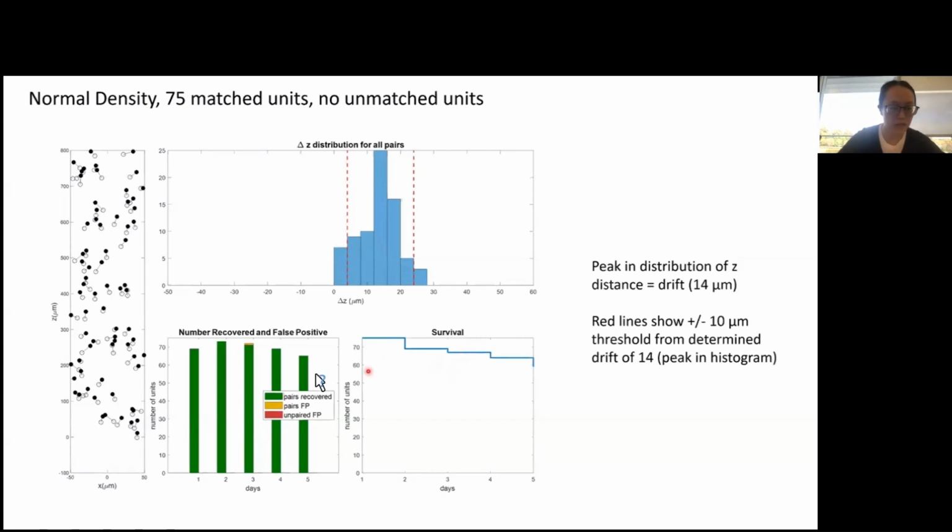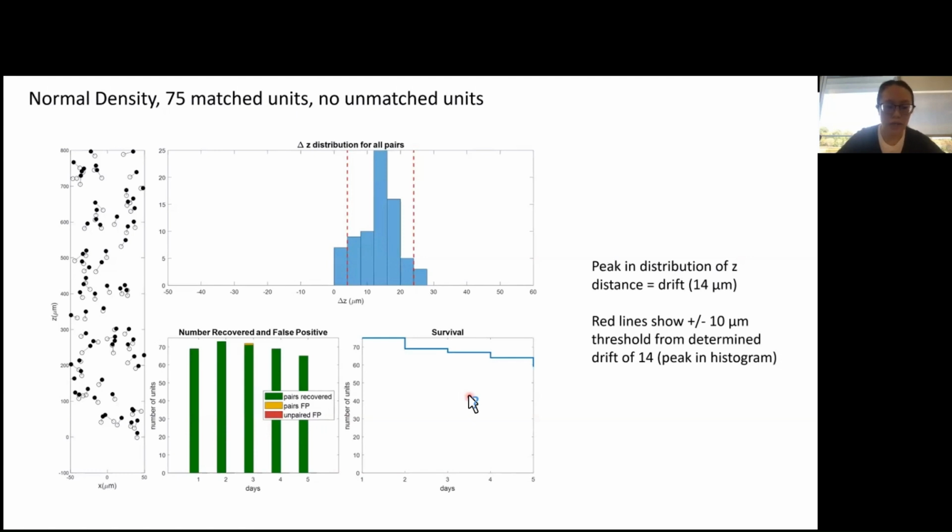The recovery rate is nearly perfect, and the survival rate decreases here only because the matched units have to be in range to be considered tracked, and they have to be tracked every time. Overall, in this simplest case, we perform relatively well.